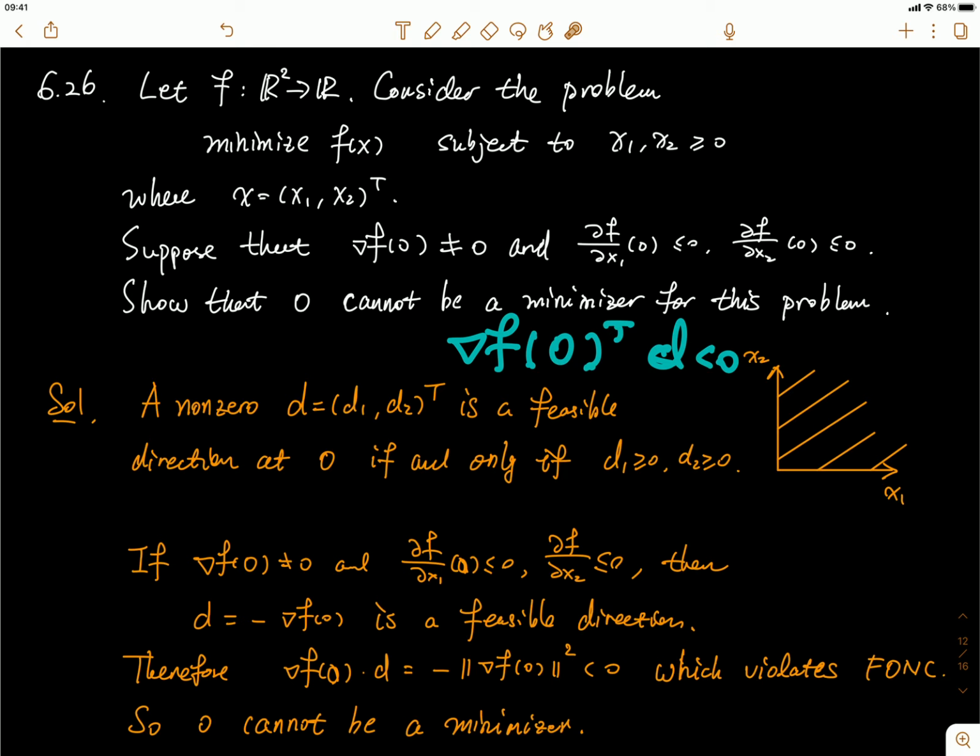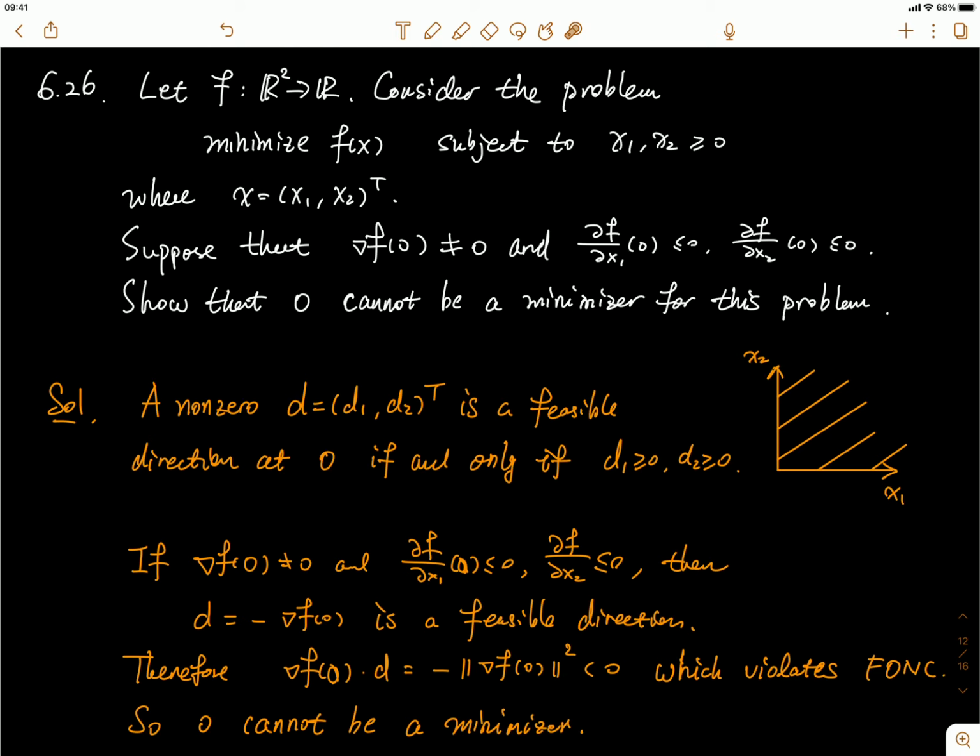That's how we show that the first order necessary condition is violated for some feasible direction d. So the d could be anything like this or this or this or this, right? Any of those directions.